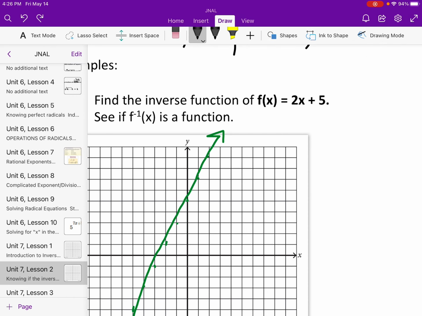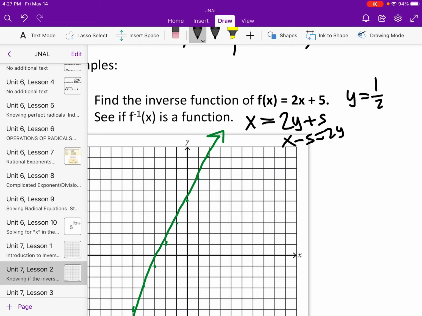Switch x and y. So we have x equals 2y plus 5. Skipping ahead isn't a good idea for me, I would mess up.